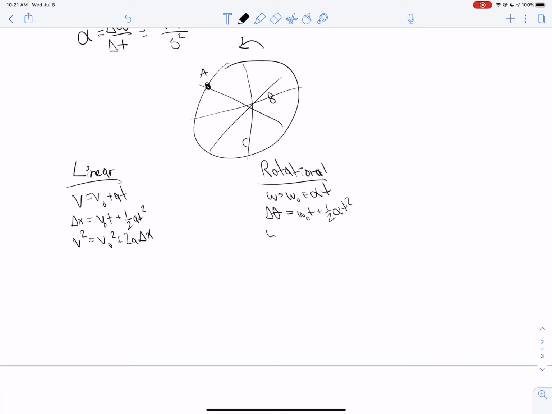And lastly, omega squared is equal to omega initial squared plus 2 alpha change in theta. These all work the same way that the linear equations work. There's nothing different between them. They all do the same thing.